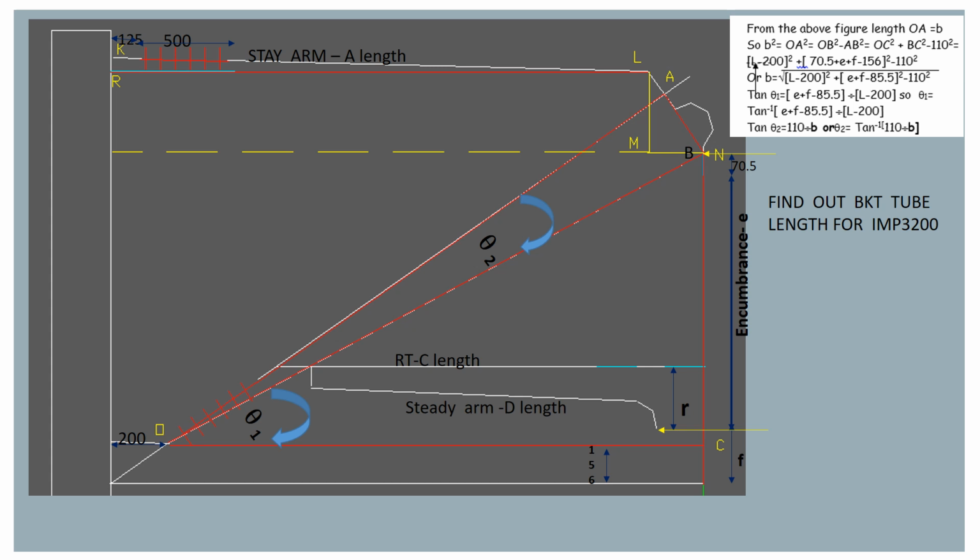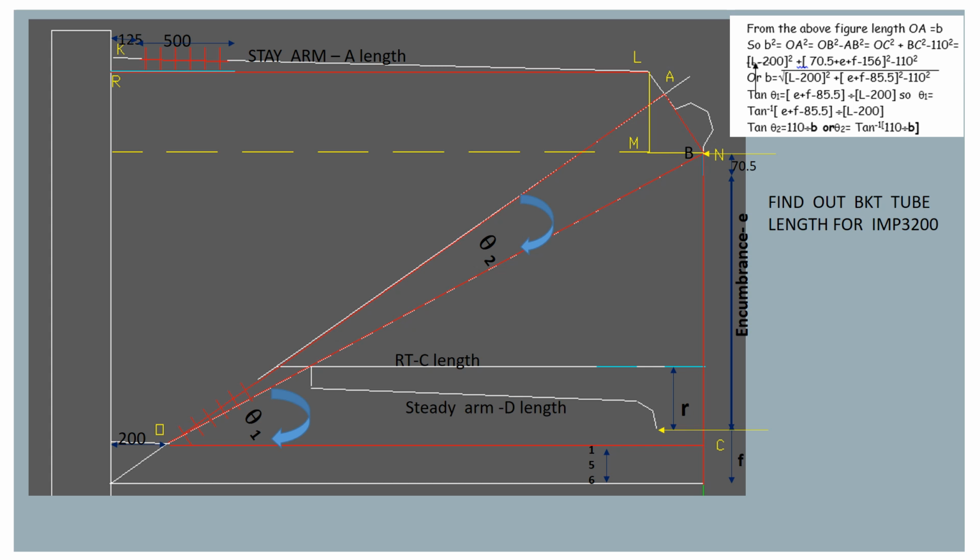Now BC, how much? It is the distance of the suspension clamp, that means 70.5 plus encumbrance. Then we have these two conductors, then again plus F, because we cannot reach C directly.